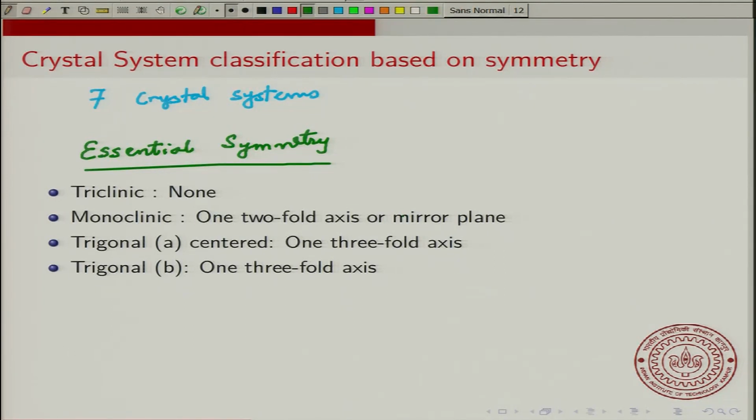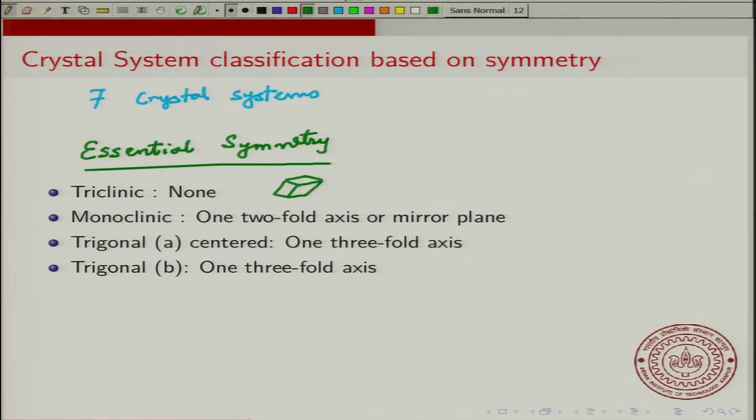Now you might remember that for the triclinic, we had this unit cell shape where the lengths and angles were all different. This was our triclinic system, where A, B, C, alpha, beta, gamma were all different from each other.